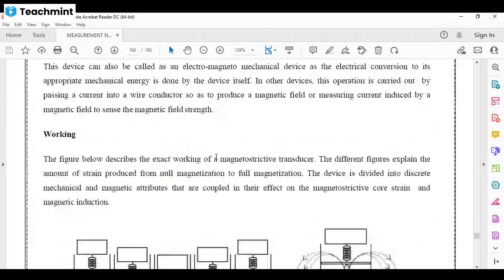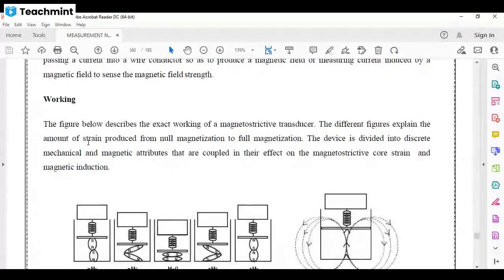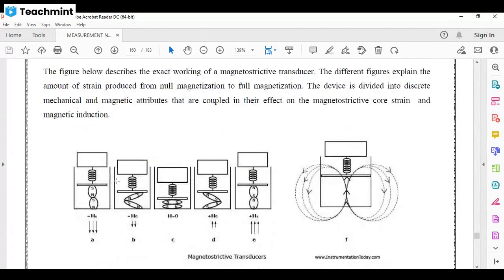And the working principle is that the figure below describes the exact working of the magnetic transducer. The different figures explain the amount of strain produced from null magnetization to full magnetization.